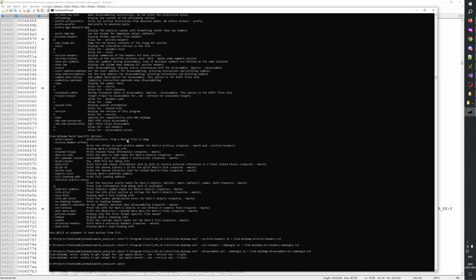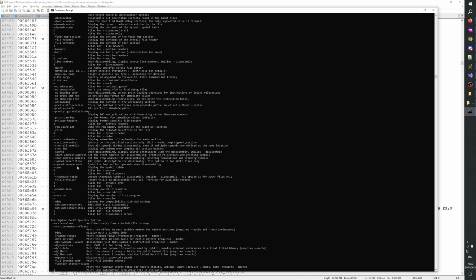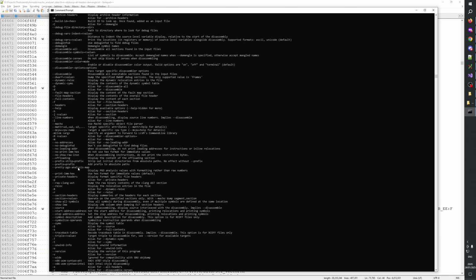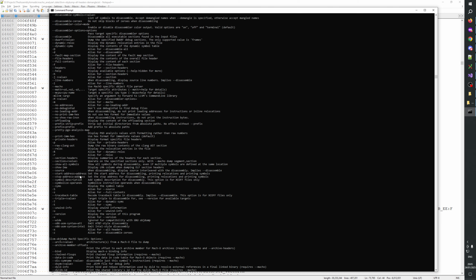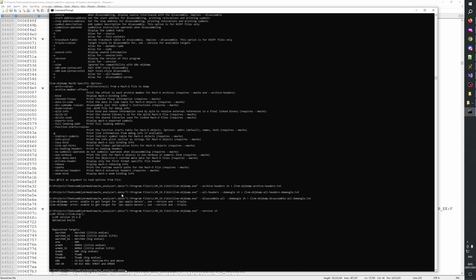See version and triple version. Display the version of this program. Triple. What is that? Triple. Target triple to disassemble for. Okay. Let's do minus version. Register targets.